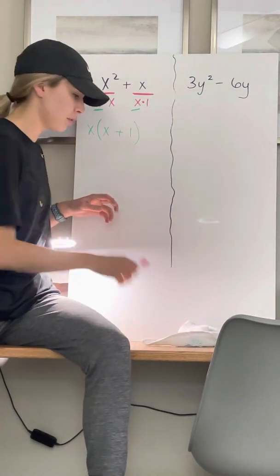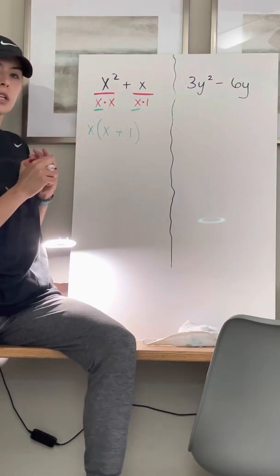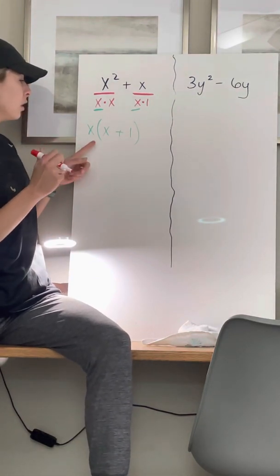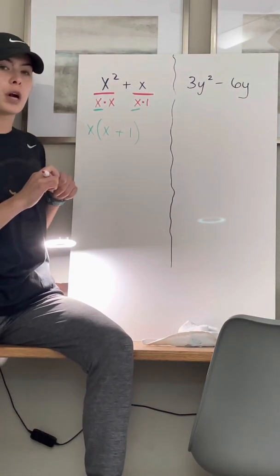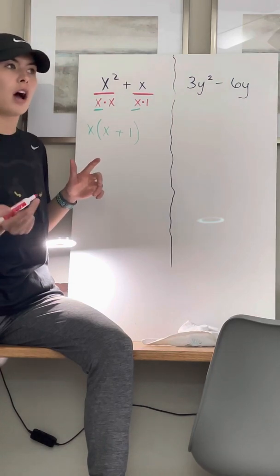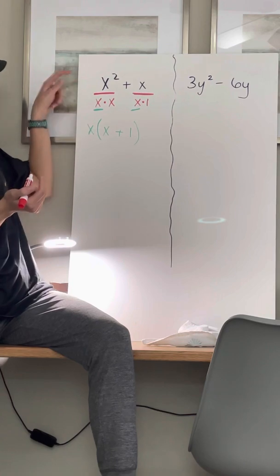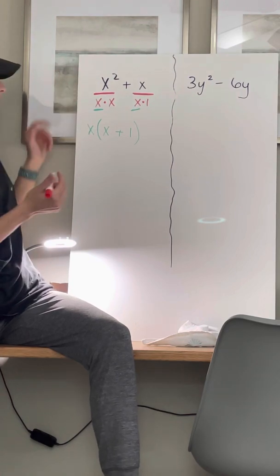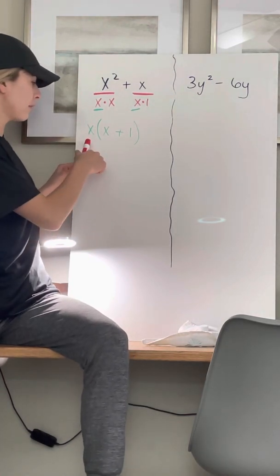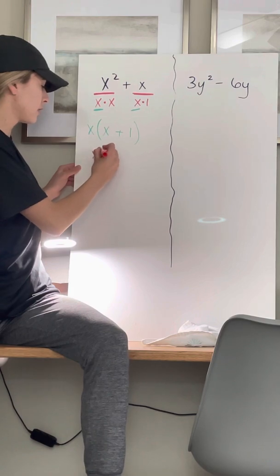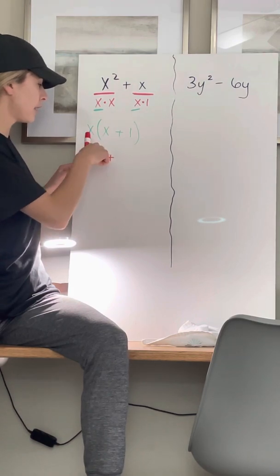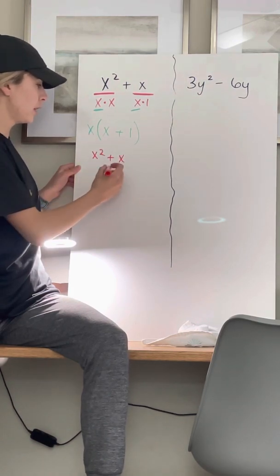We'll go ahead and check it real quick, just so you guys can check your own work sometimes if you're not sure. All you have to do is use the distributive property, so you're doing it in the opposite direction, to see if we can get this to be the same as the expression where we started. So we have x times x gives us x squared plus x times 1, we get x.